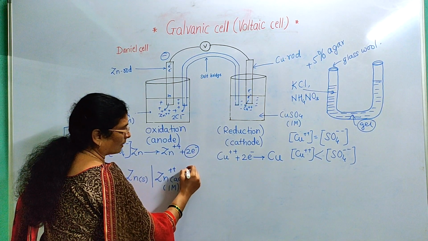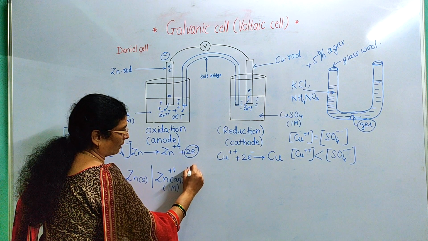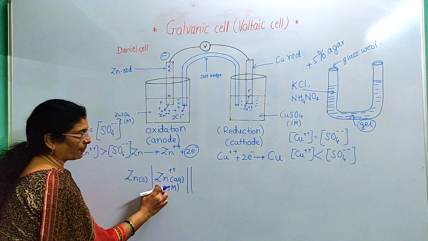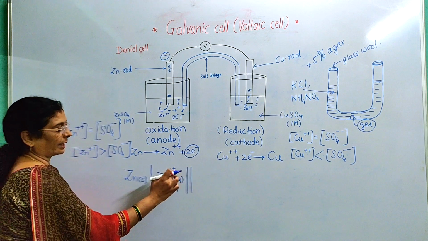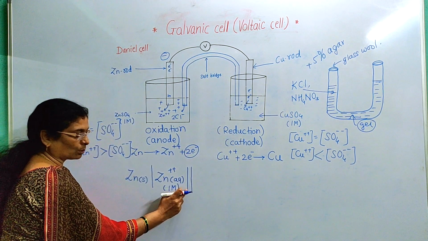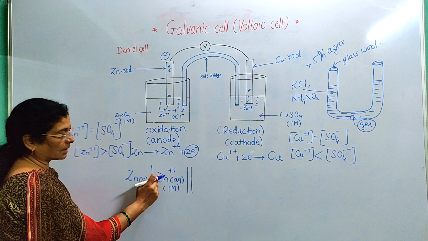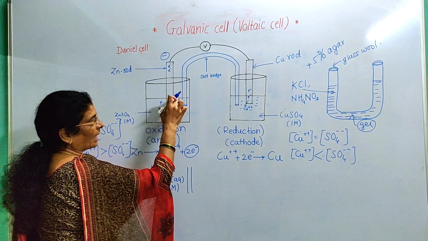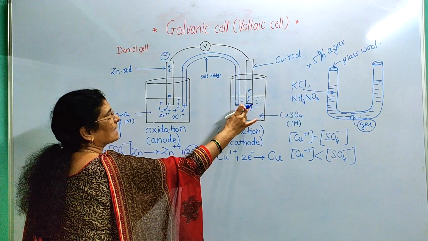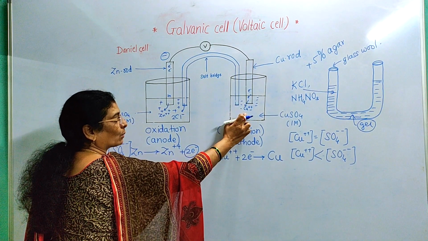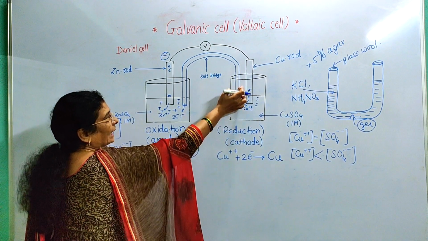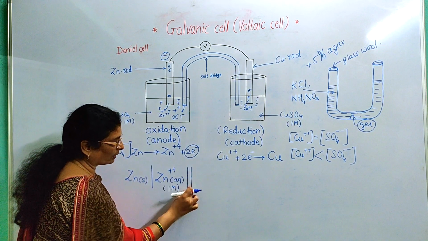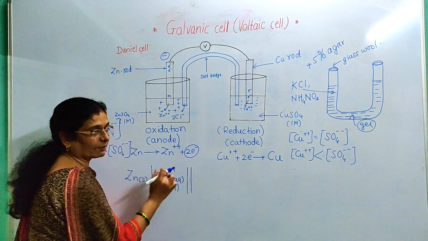Now, double vertical line you have to draw. This double vertical line represents the indirect contact, or the contact through the salt bridge. Zn++ ions from this Zn electrode and Cu++ ions from this Cu electrode are in indirect contact with each other by using this salt bridge, and this indirect contact is represented by using the double vertical line.